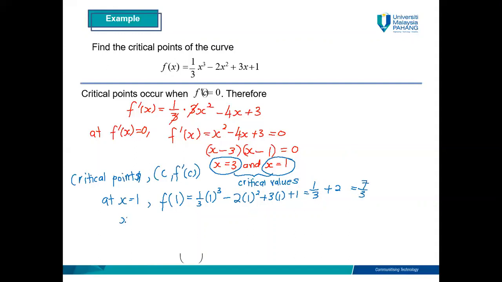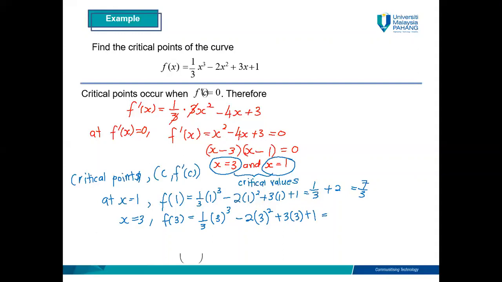Now we proceed with the next critical value, which is x is equal to 3. So it will be f(3). Substitute into the original function: 1/3 times 3 cubed, minus 2 times 3 squared, plus 3 times 3, plus 1.